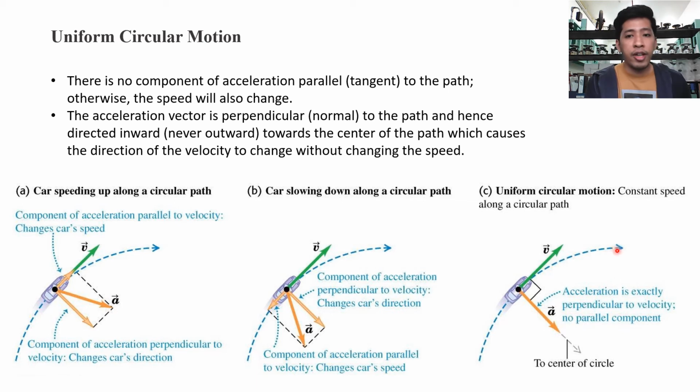Thus, of the three figures here, only figure C undergoes uniform circular motion. Again, for uniform circular motion, there should be no component of the acceleration parallel to the path, and the acceleration vector is perpendicular to the path and also directed inwards, like for figure C here.